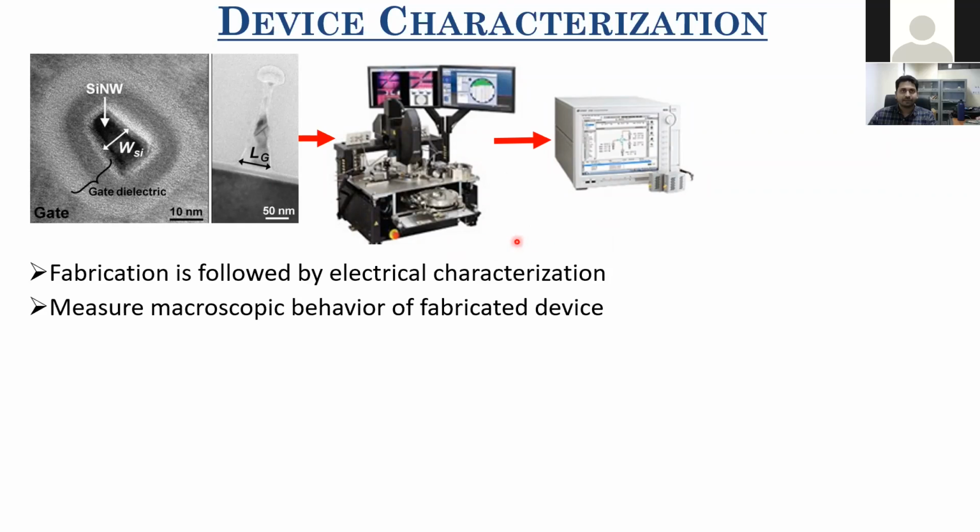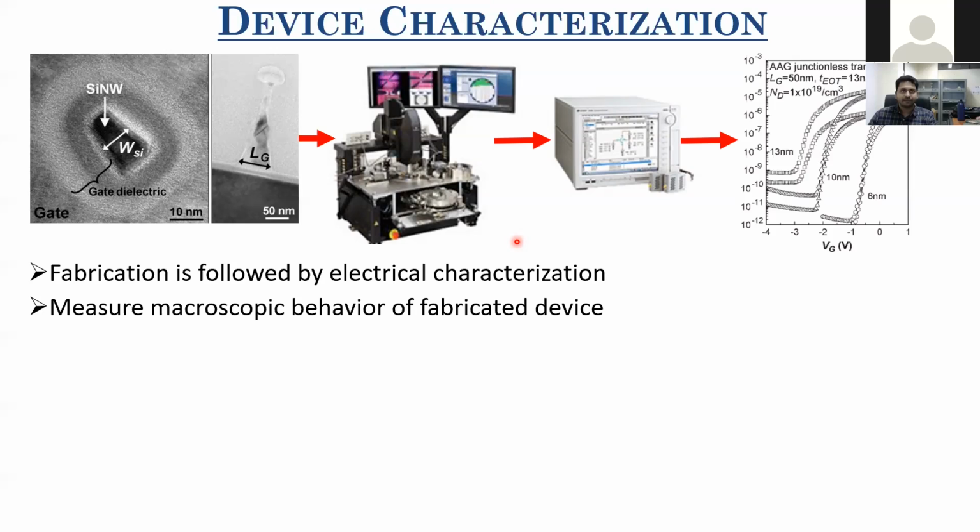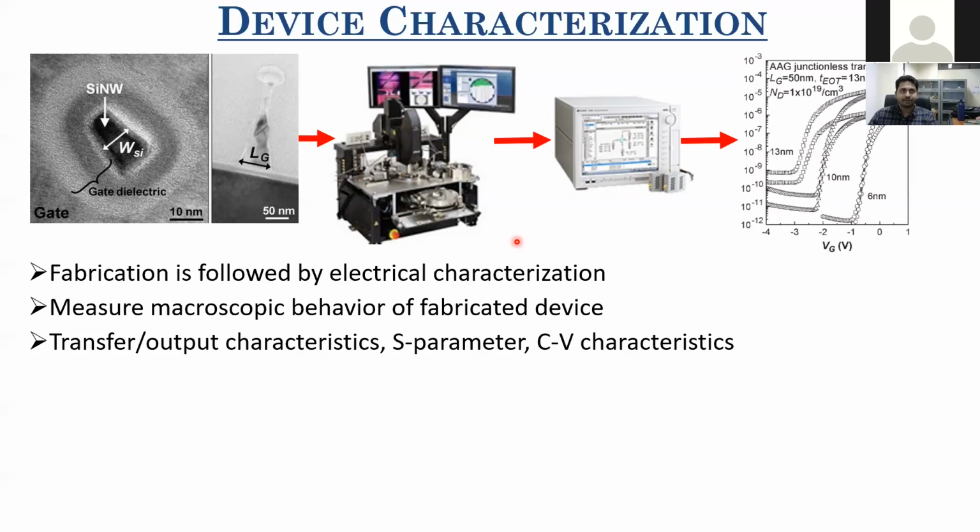What we end up having is the macroscopic behavior of the fabricated device. What do I mean by macroscopic behavior? We get the current versus voltage relationship, the transfer characteristics, the output characteristics, S parameter measurements if you are doing RF measurements, or CV characteristics if you are doing frequency measurements.